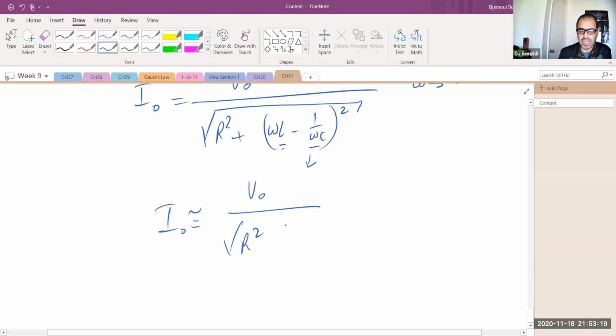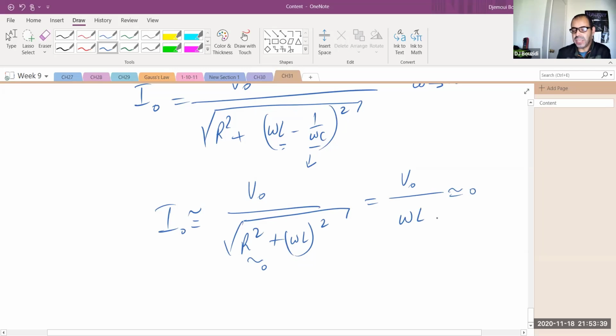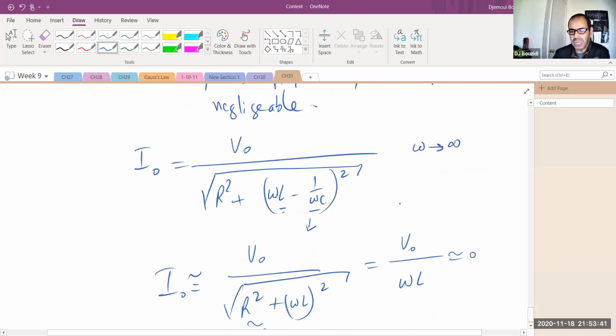This is the limit, of course. We're taking the approximation now. Omega L squared now. Well, omega is still large, so this term will still dominate. So it will be V naught over omega L. The square root, this is 0 now, negligible in front of omega L. So 1 over omega becomes very tiny, and then the response also is very negligible.